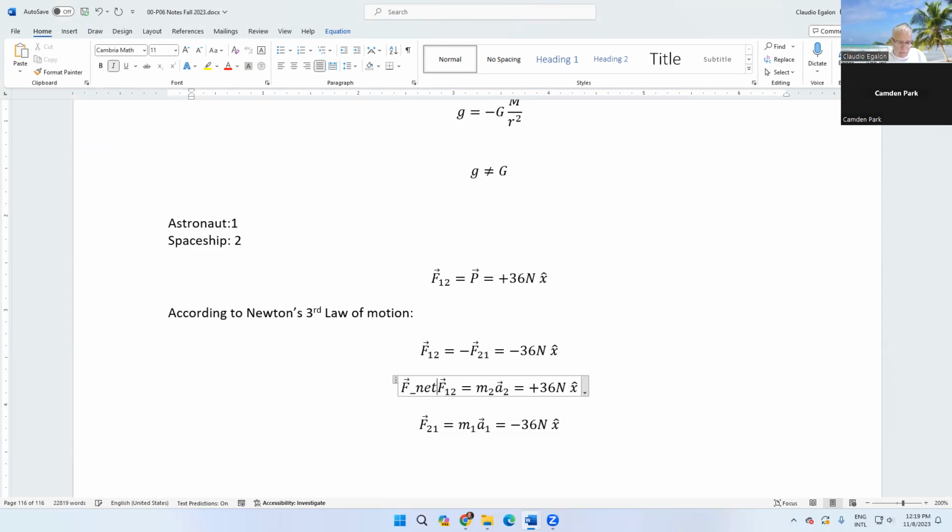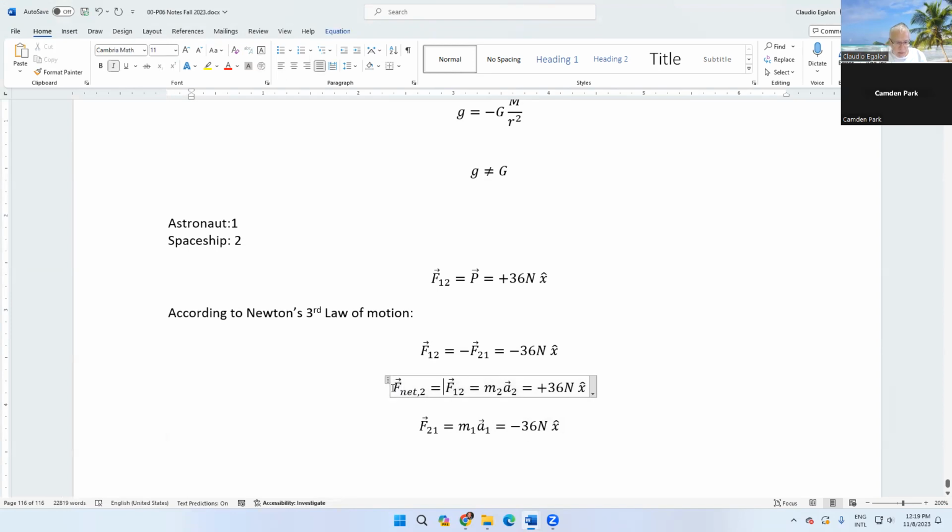The net force applied to 2 is just the force that the astronaut is applying to the spaceship, and the net force applied to 2 is going to be the mass of 2 times the acceleration of 2.